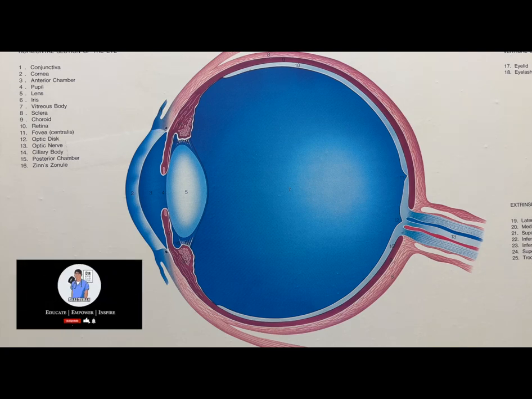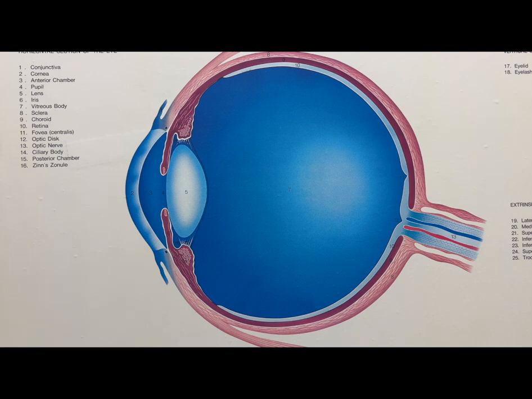Now, what the iris does, depending on the amount of light around, it either gets bigger, so therefore the pupil gets bigger, and therefore more light can enter the eye, and this happens in dim conditions, or in brighter conditions, the iris gets smaller, therefore the pupil gets smaller, and therefore less light enters the eye.